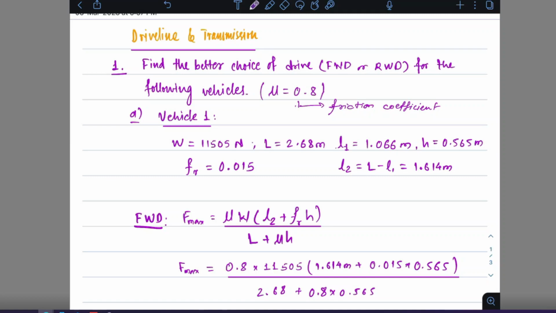We have been given various attributes of the vehicle, like the weight of the vehicle, the wheelbase, that is L, and the position of CG from the front wheel. We can calculate the position of CG from the rear wheel as L minus L1, and then the height of the center of gravity, and we have also been given the rolling resistance coefficient.